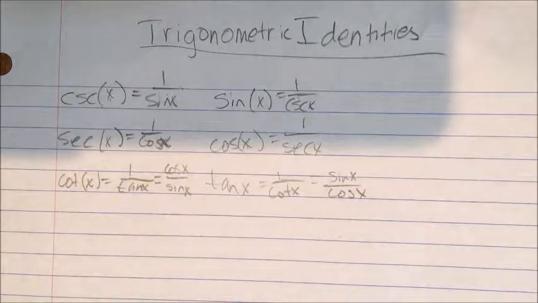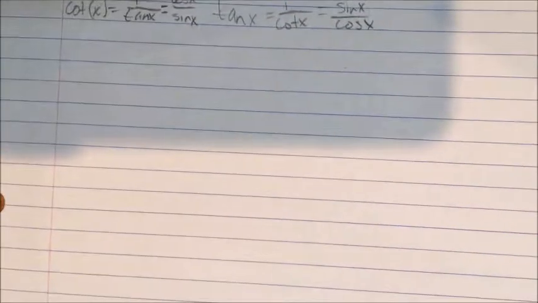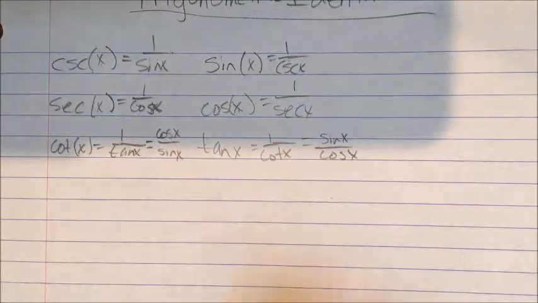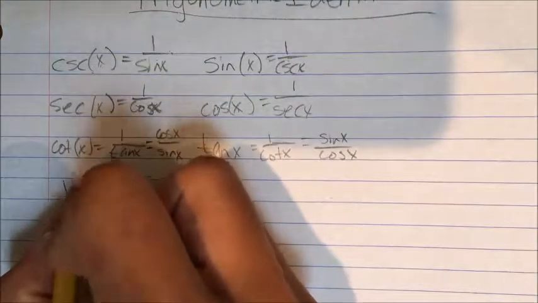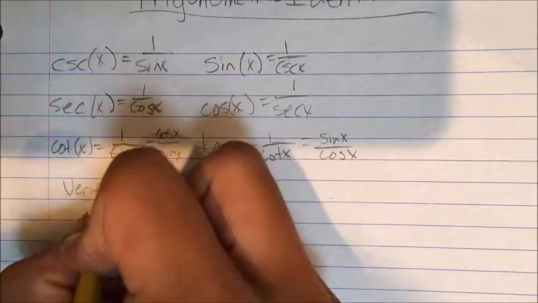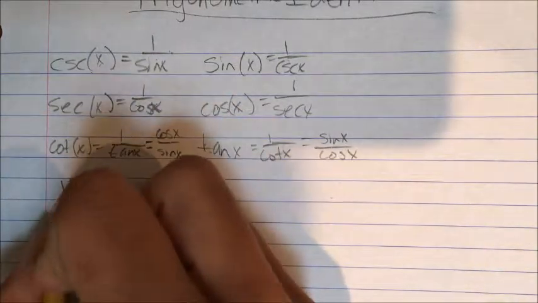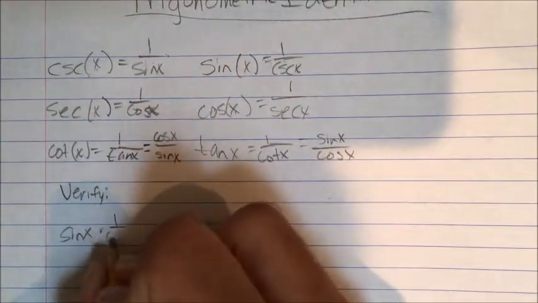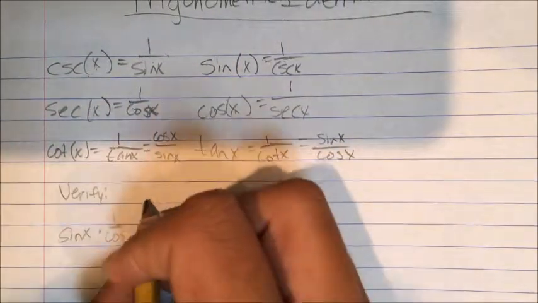So here, let's just go through an example of how you would do a problem with these identities. So let's say you have to verify that this more complex identity holds true for all values of x.